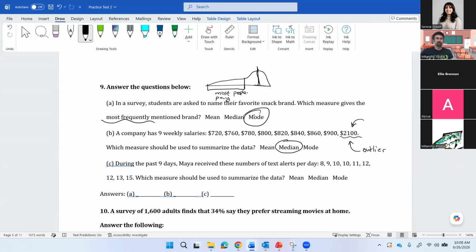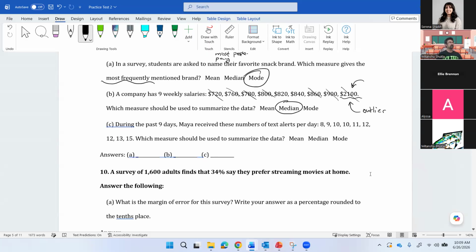But that's not real. So we're going to use median because if I use median, that outlier crosses out. Does that make sense? Am I explaining that okay? Good.